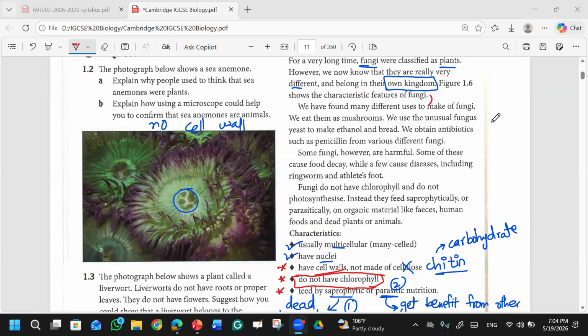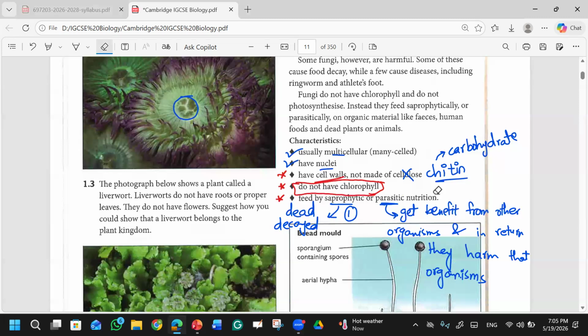Kingdom Plantae has chlorophyll, and fungi feed by saprophytic or parasitic nutrition, which means they are not even in kingdom Animalia.